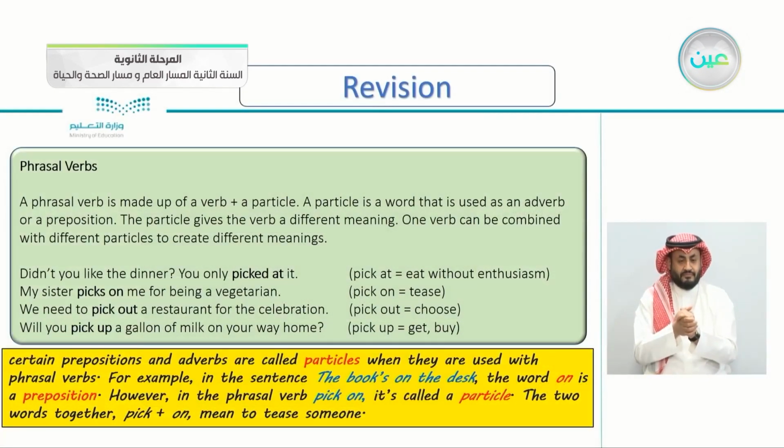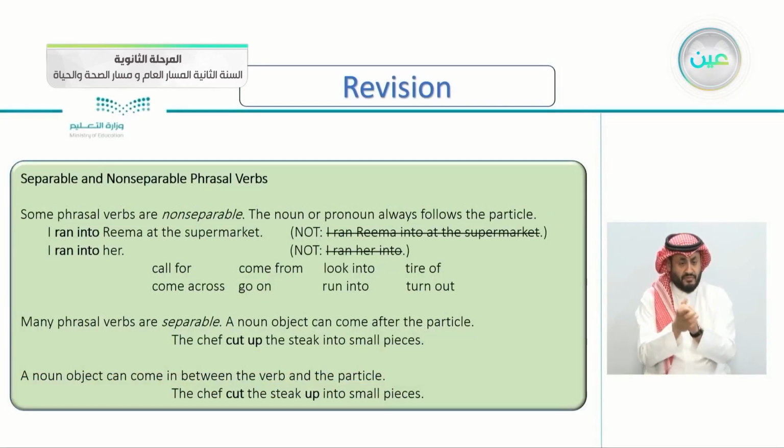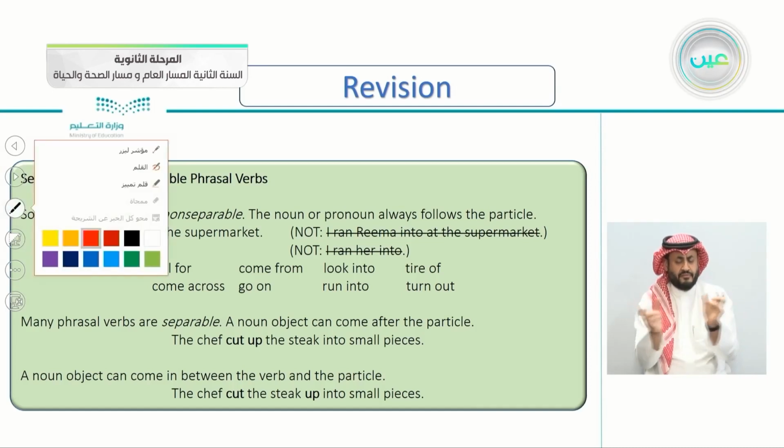But before we do that, if you remember our previous lesson, the phrasal verbs here, which consist of two parts, the verb and the particle, just like pick at or pick on or throw out and so on. Also, there are some separable and some are non-separable. Some you can separate them and put the noun or the pronoun between the verb and the particle, and some you cannot separate them.